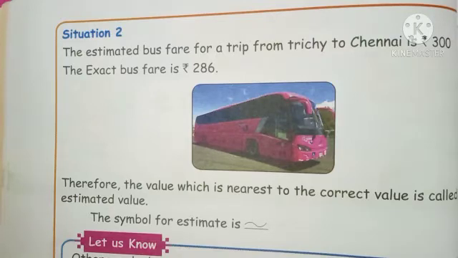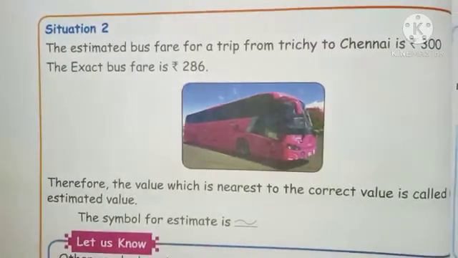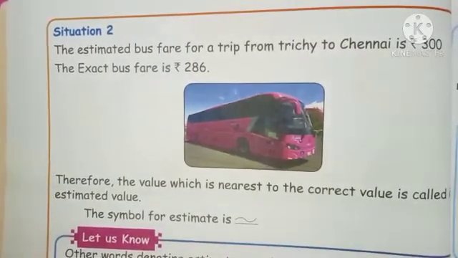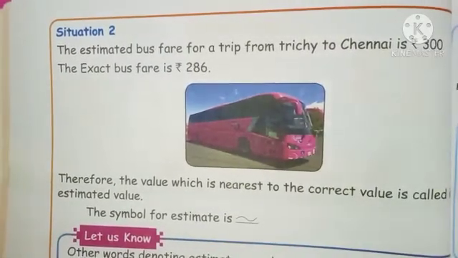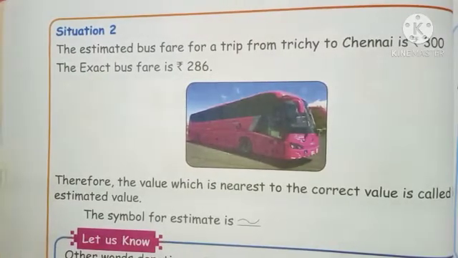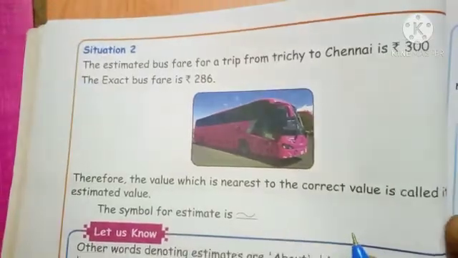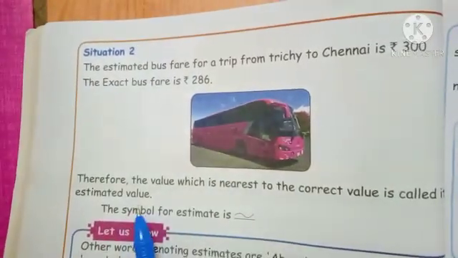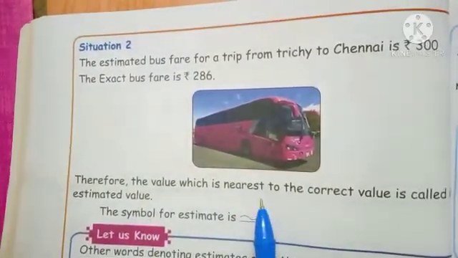That is what estimation means here: you just give 300 rupees. You think and give 300 rupees. That is called estimation, or using the nearest value.